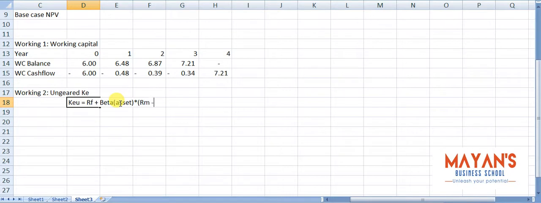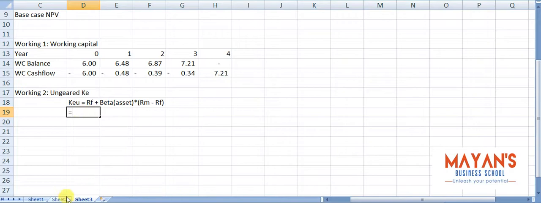If you use beta equity here, you will get geared company's KE. You know that, right? Asset beta, ungeared KE. Equity beta, geared KE. So since I need ungeared KE, let me use the asset beta. So you get the answer for KE.